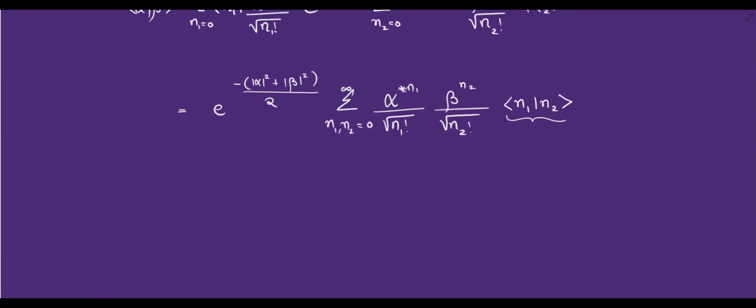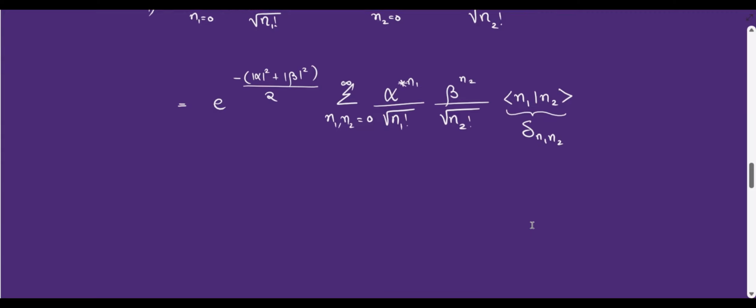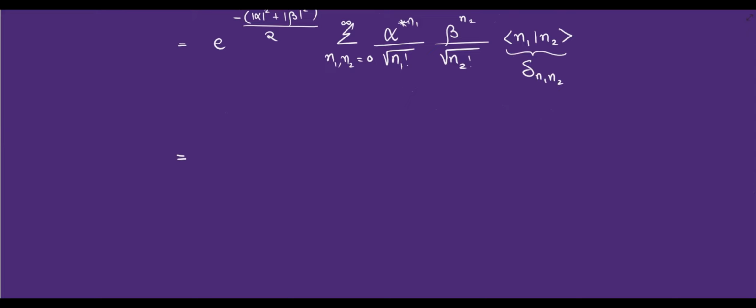Now the Fock states are orthogonal to each other, so I can write this as ⟨n1|n2⟩, they are orthonormal to each other, delta n1 n2. So if I use the property of delta, this becomes divided by 2 summation n equal to 0 to infinity alpha star raised to n divided by n factorial, beta raised to n.